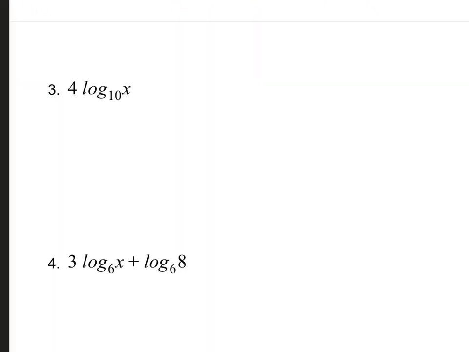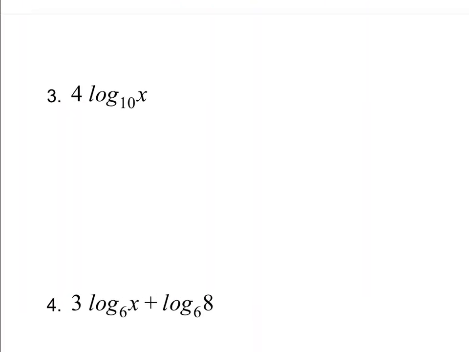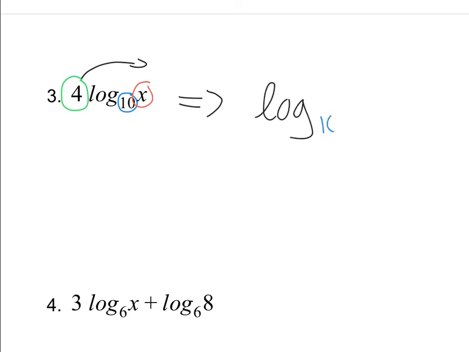Okay, so, moving down to number 3. Let's see if we can remember this one here. So I have 4 times log base 10 of x. So let's rewrite this. Remember, really all I'm doing is grabbing this guy and throwing it to the top. So really all I have here is log base 10 of x to the 4th power.